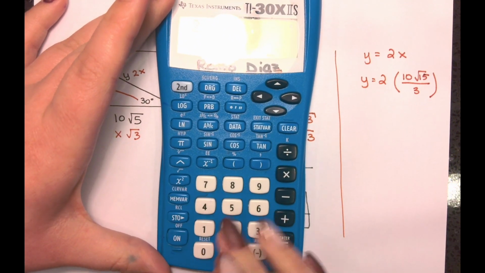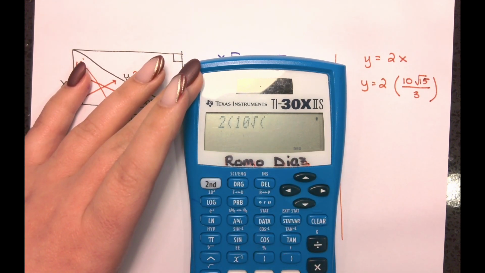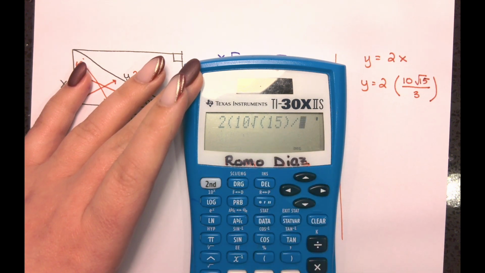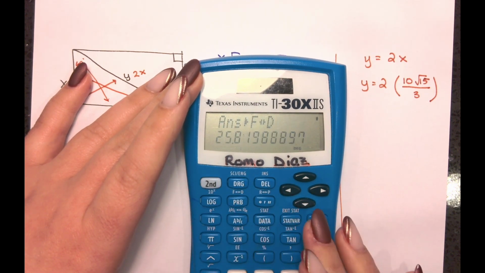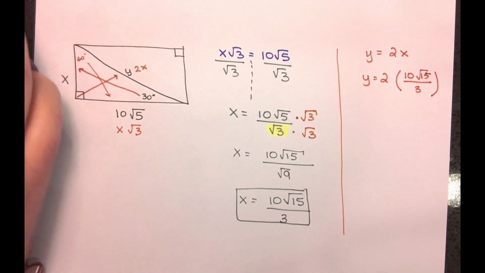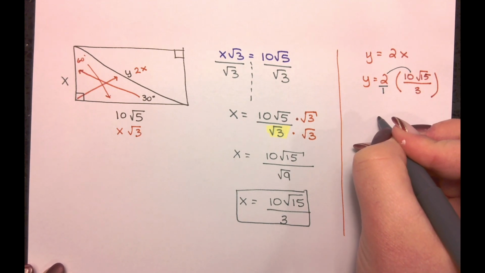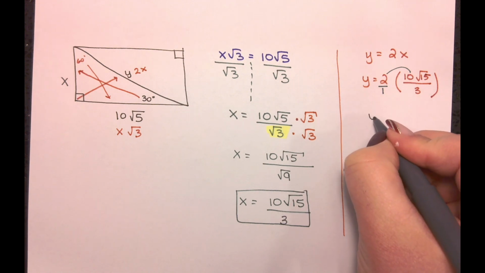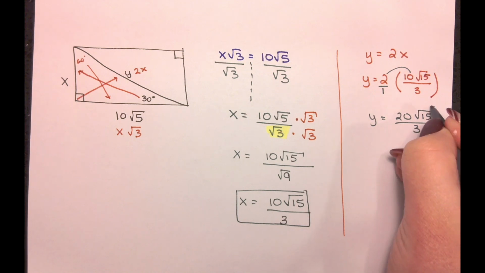In a calculator, it would look like this: 2 parentheses 10 square root 15, make sure to close that 15, divided by 3, and then close that parentheses. And it gives us an icky decimal. Even if I do a fraction, it won't do it. So it looks like we're going to have to do this by hand. Again, not scary. Put a 1 underneath. 2 times 10. We're not distributing. We're just multiplying outside the house, outside the house. It's 20 root 15 divided by 3. That's it.